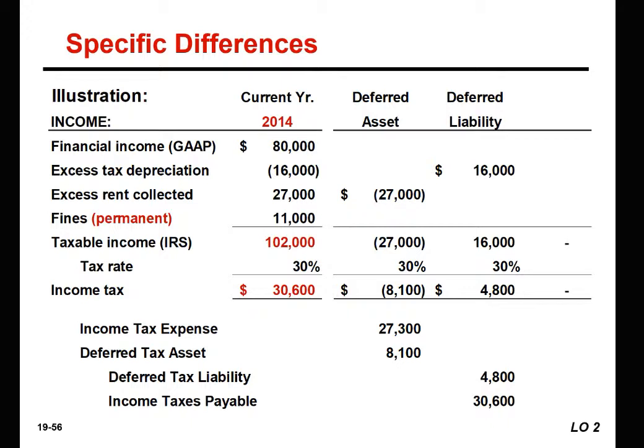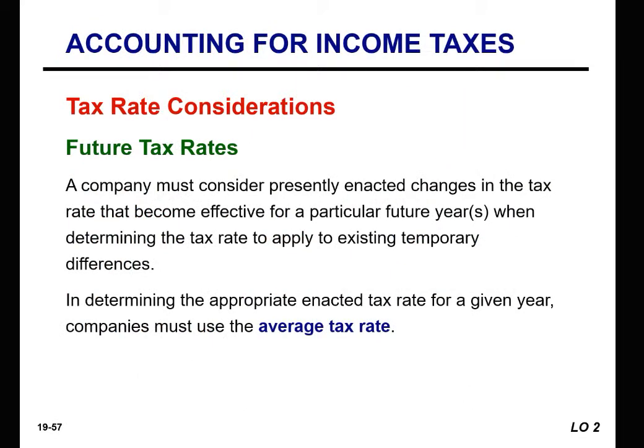When the code changes or there has been something that has impacted a future tax rate, the company has to take into consideration what those changes and laws and rates are, and what their impact is going to be in future years to the existing temporary differences. So we already have a deferred tax asset, a deferred tax liability on the books, and something has occurred and triggered a change in our future tax rate.